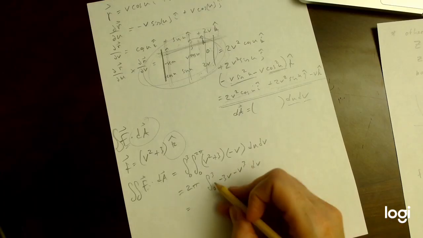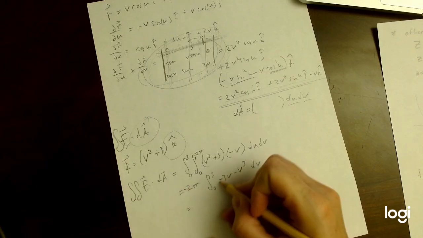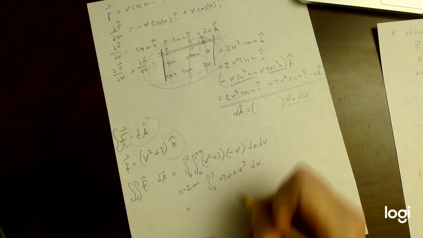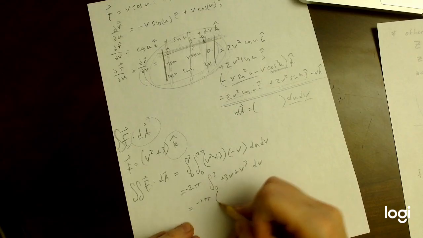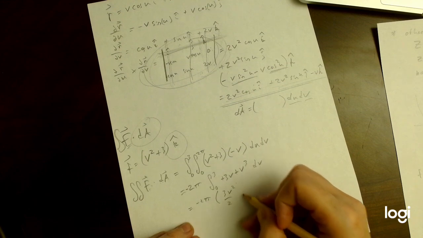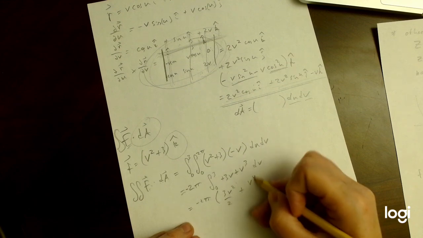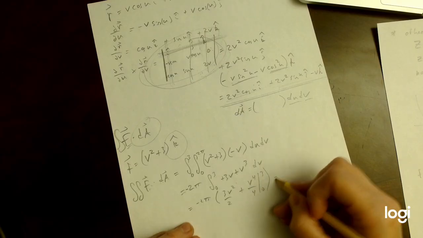And that one is relatively straightforward. I can actually also take the minus sign out here to make those both positive. So minus 2 pi, and then I have 3v squared over 2 plus v to the 4th over 4, all of that from 0 to 3.